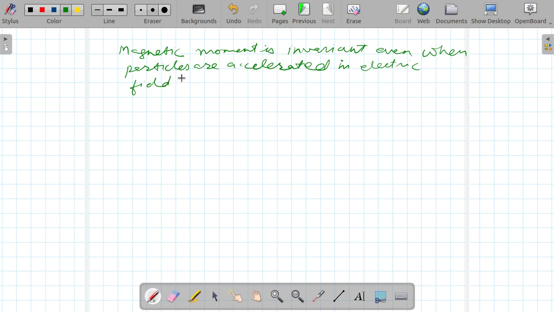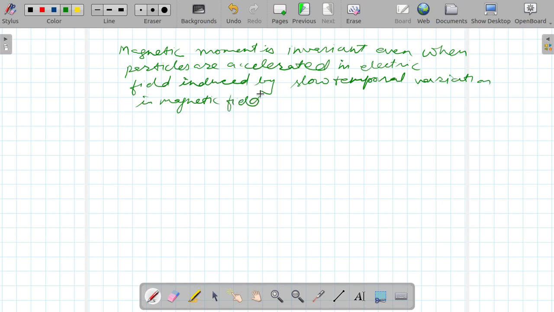Field induced by slow temporal variation in magnetic field. And this thing is presented means electric field induced by the slow temporal variation of magnetic field.